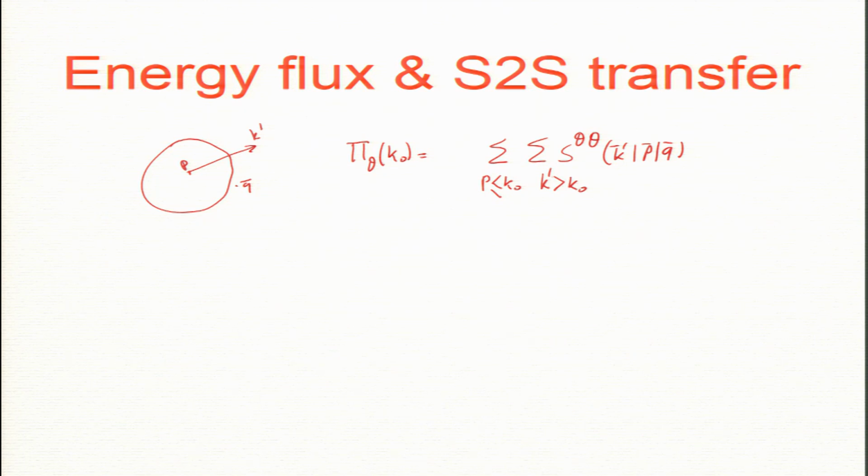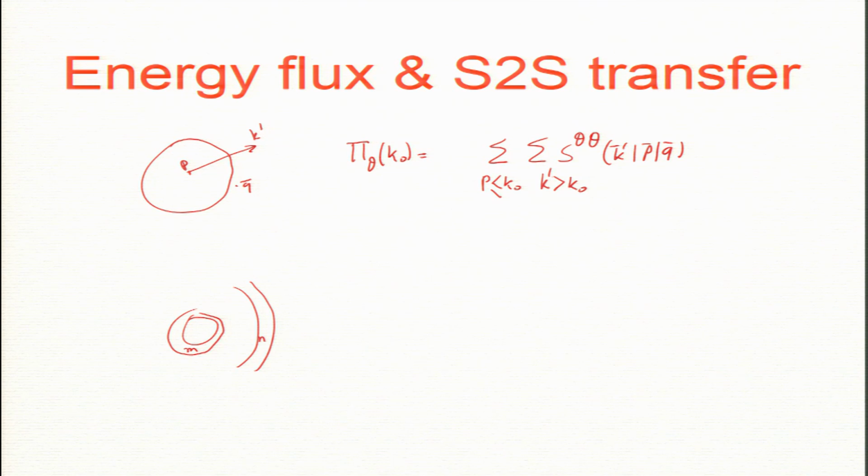Now, we can also define shell to shell transfer, which I will not use for this lecture, but we can define it. So, we can make two shells like this, another shell which is bigger, shell M to shell N. So, imagine I want energy transfer from shell M to shell N. Now, only scalar energy transfer. We have already done UU transfer. UU transfer will be exactly the same as what we did before, because the nonlinear term is exactly the same for the velocity field.